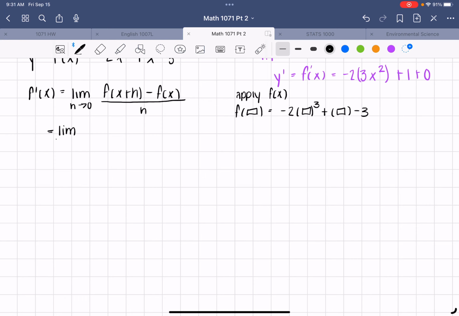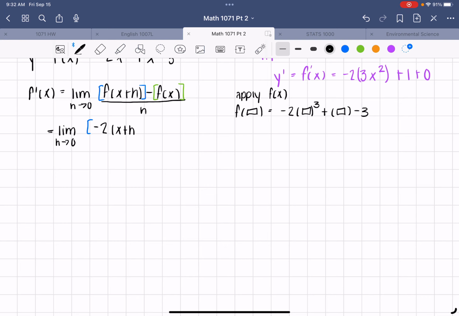So the limit as h goes to 0 of, let's first do the blue, which says -2 box. Think of the x plus h as a 3-letter word. Don't break it apart. Put the word in the box. It's x plus h cubed plus box minus 3.